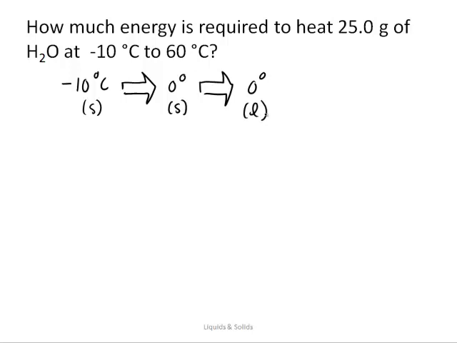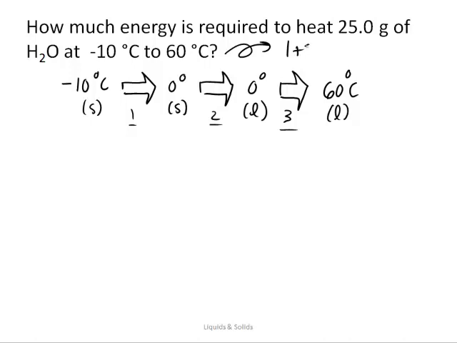And of course that takes some amount of energy. And then because 60 degrees is still in liquid phase, we're going to calculate how much energy it takes to raise the temperature of the water to 60 degrees Celsius. And that's still in the liquid phase. So all of these values take some amount of energy, and the sum of that energy will equal our answer.